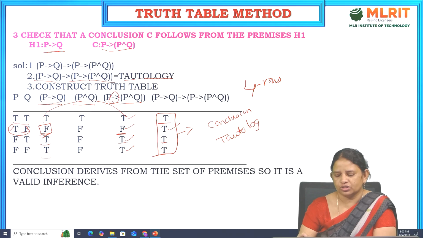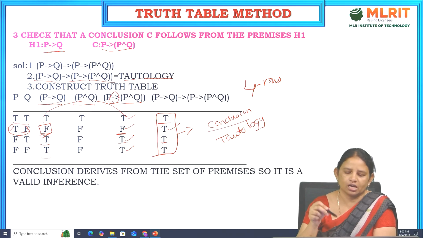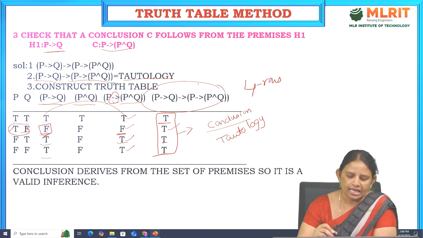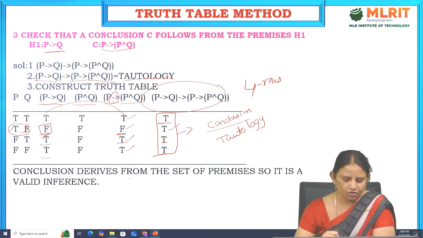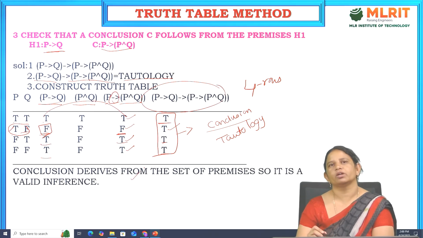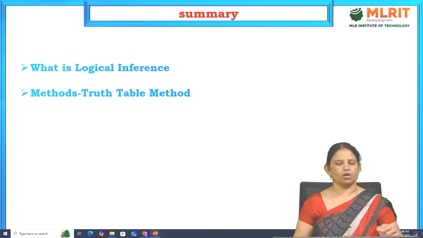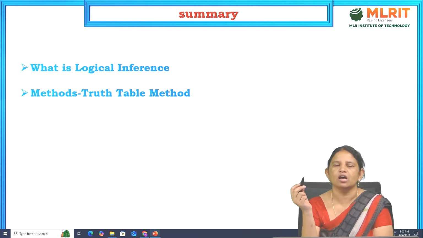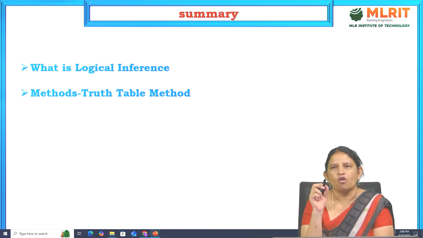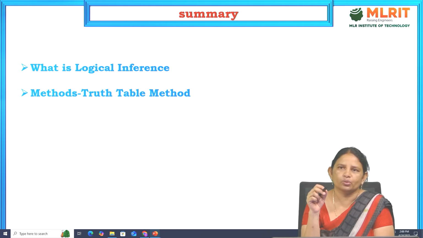If the conclusion, that is the set of premises deriving the conclusion, is a tautology, then we can say that it is a valid inference. So, what have we discussed up to now? What is meant by logical inference? What are the methods to check whether the inference is valid or not? There are two methods. One is the truth table method.